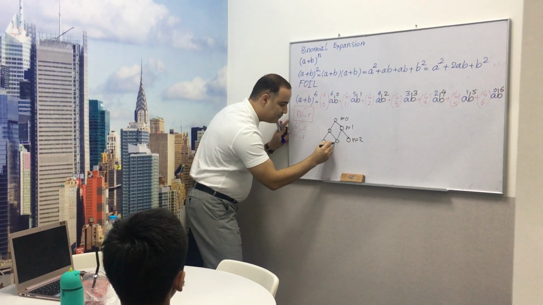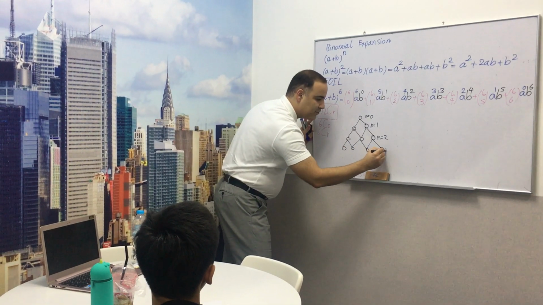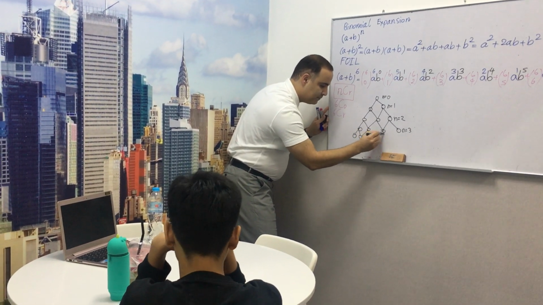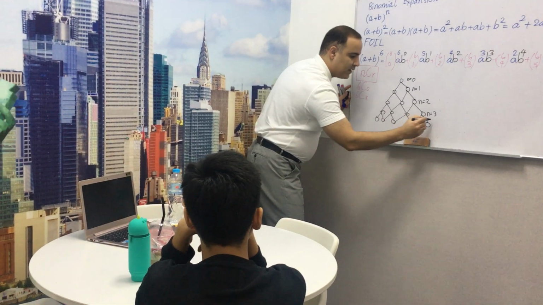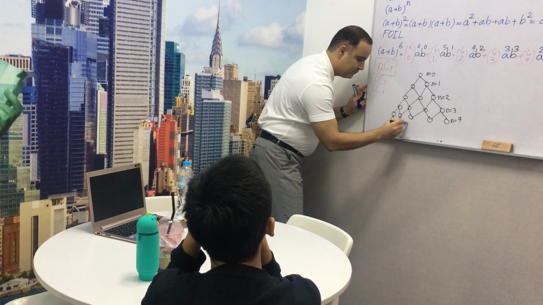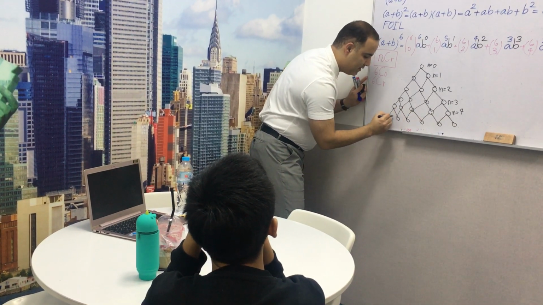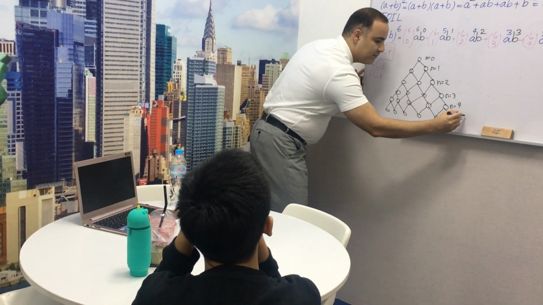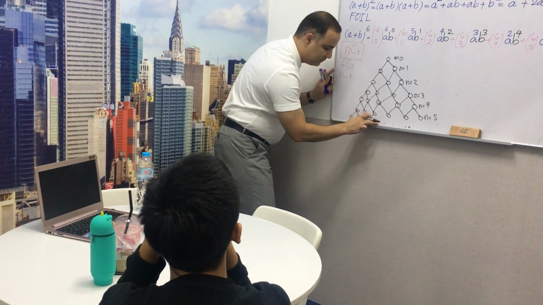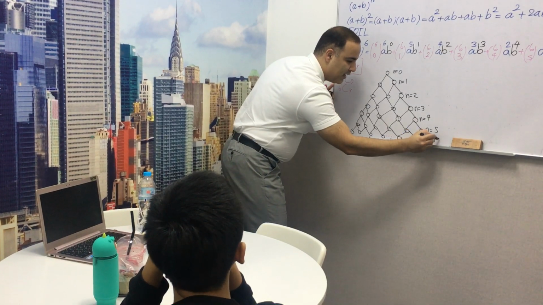And then we move on. That's n equals 3, and then n equals 4. Okay, n equals 5, and then we need one more. n equals 6.